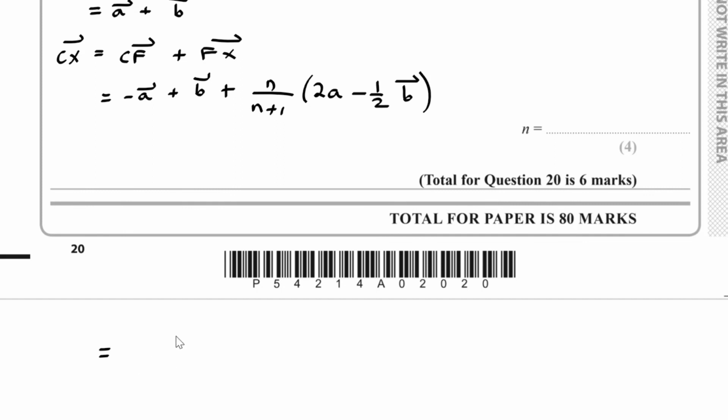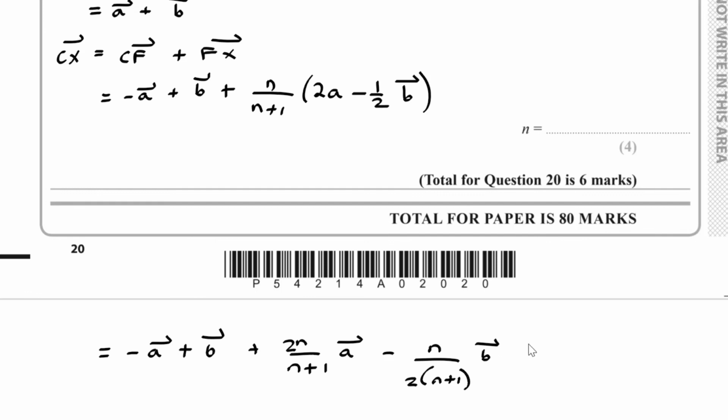If we simplify all this, we have minus A plus B plus 2n over n plus 1 lots of A minus n over 2 lots of n plus 1 B.